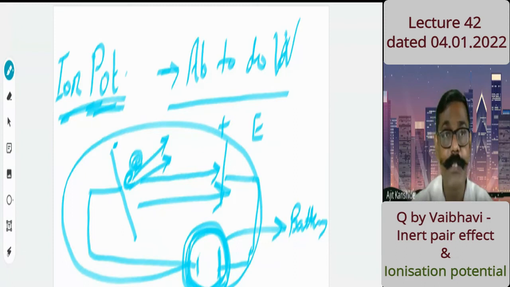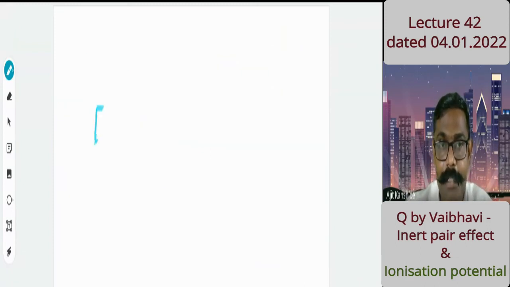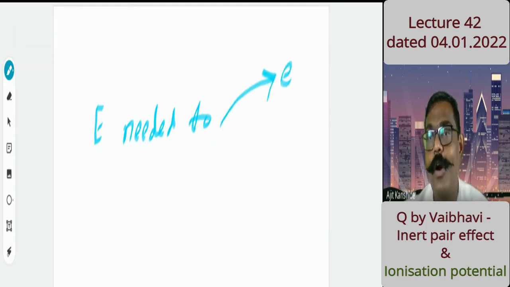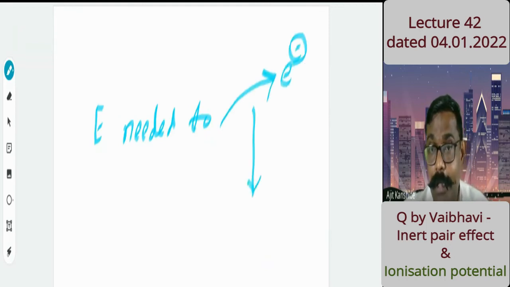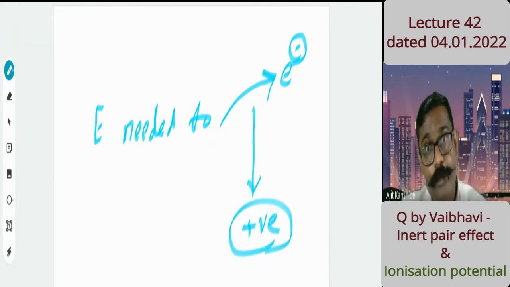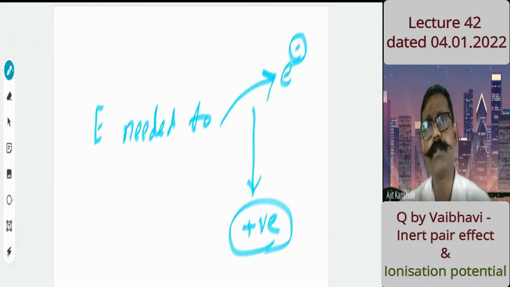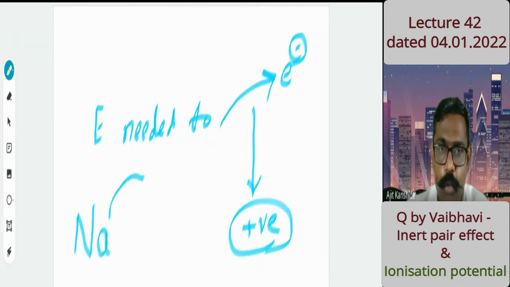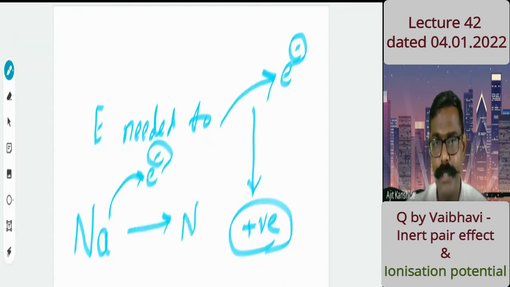Ionization potential means what? It is the energy needed to remove an electron, in order to give a positive charge to the element. If I take an element, say sodium, and remove one electron from this sodium, I will get one ion. That is what?